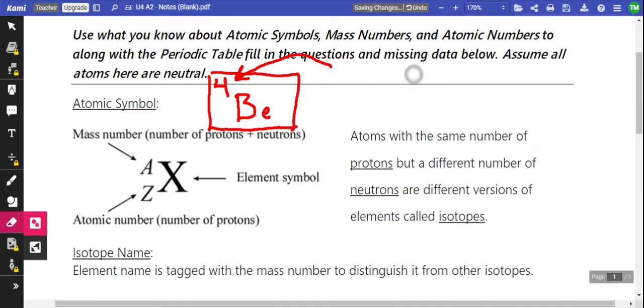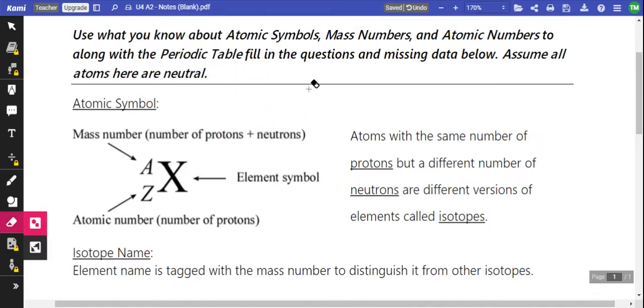So we can have a lot of different versions of the same element with different numbers of neutrons, just by kind of what shows up in this world of atoms. So it becomes a lot harder to predict, and we don't really have a list of all the different versions of how many different neutrons an atom can have on the periodic table. So the periodic table alone here cannot help us figure out the number of neutrons.